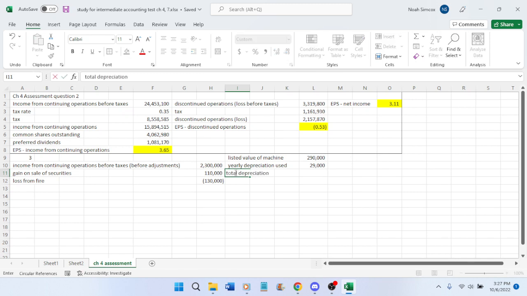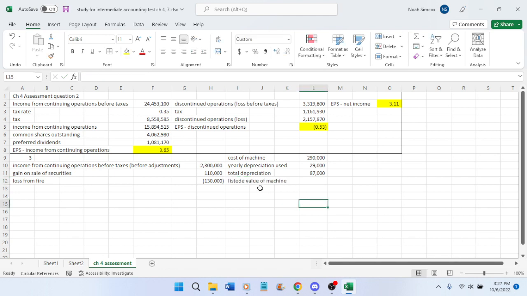Total depreciation equals this times 3. This should be more like cost of machine to value of machine. My God, I hate myself. So equals this minus this.